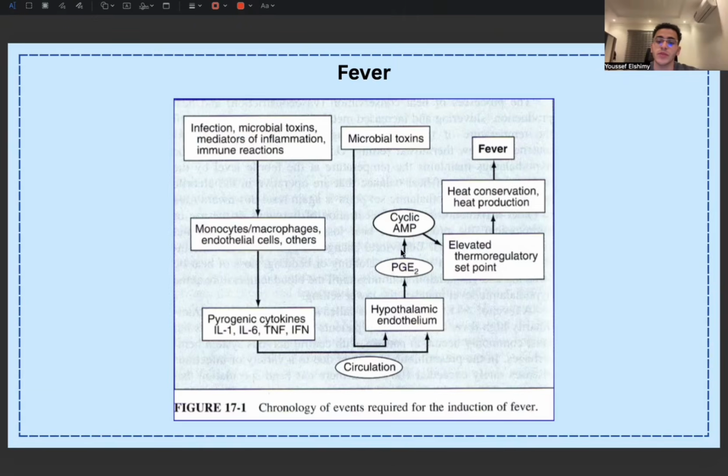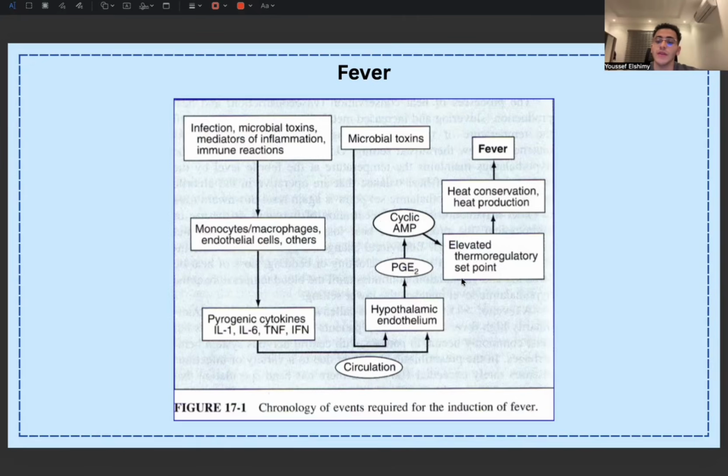It's really important that prostaglandins are the ones responsible for increasing the temperature set point. So there's an increase of prostaglandin production, especially PGE2. This would lead to the increased activity of cyclic AMP, and this would lead to the sensitization of the thermoregulatory set point.